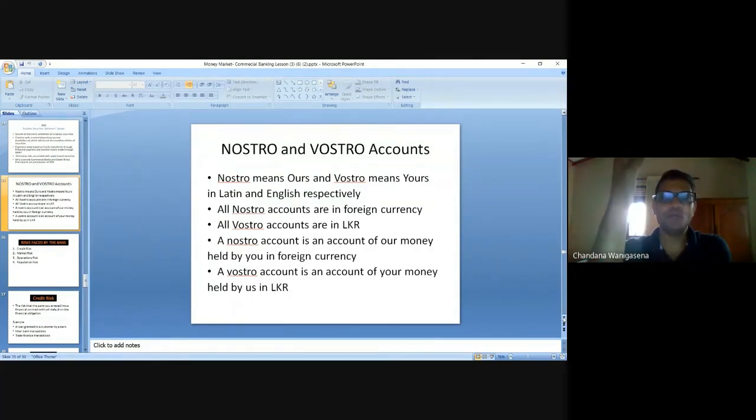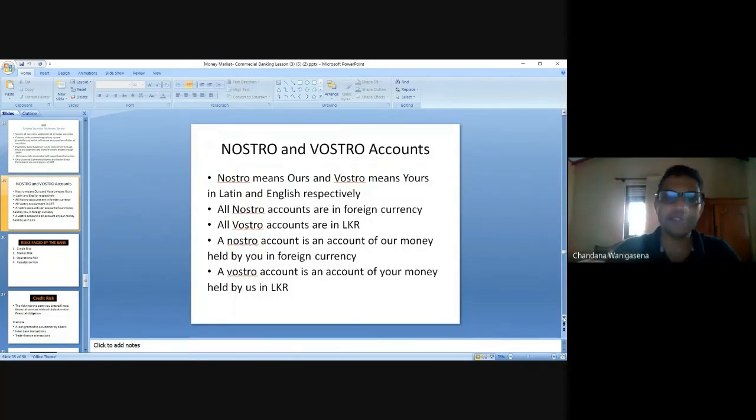For our LC transactions and all, for payments to our exporters, foreign banks have their foreign currencies in Sri Lankan banks.